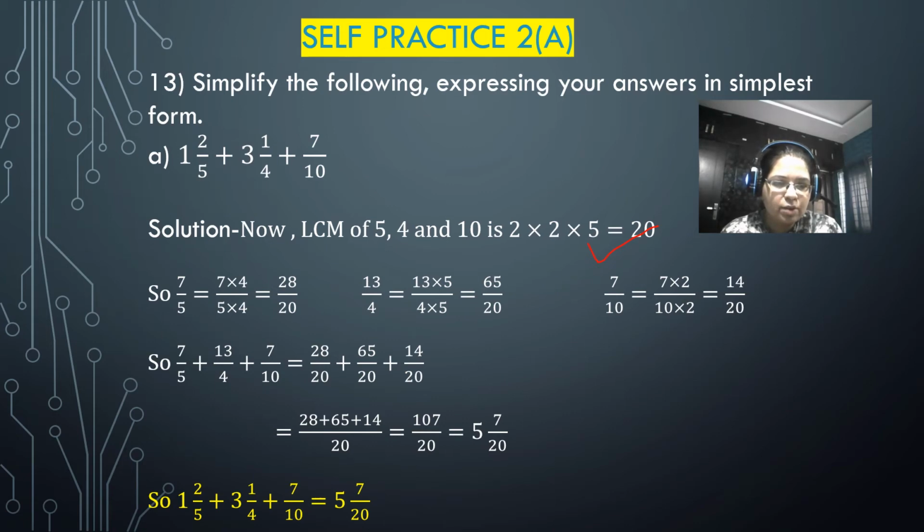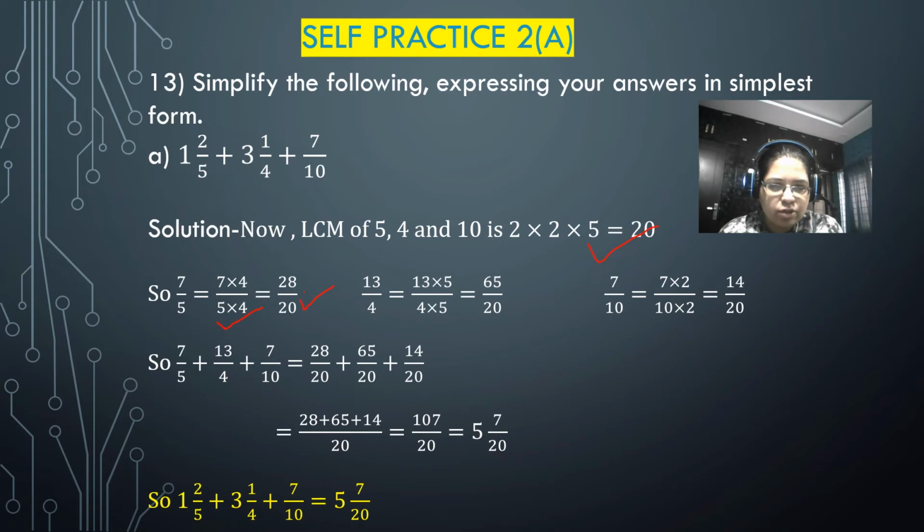So 7/5 equals (7 multiplied by 4)/(5 multiplied by 4). 7 multiplied by 4 is 28 and 5 multiplied by 4 is 20. So we get 7/5 equal to 28/20.